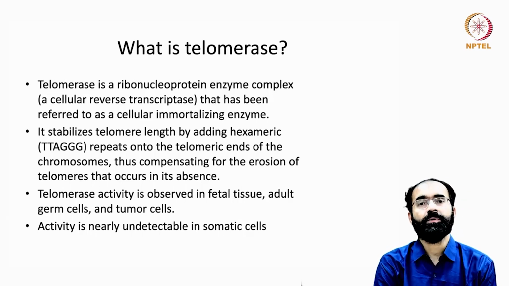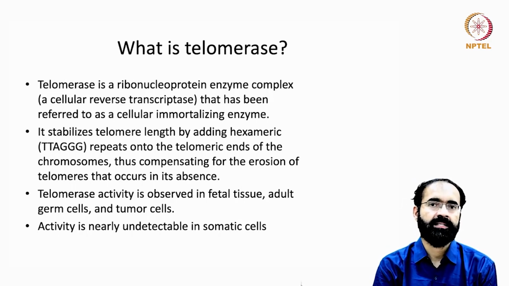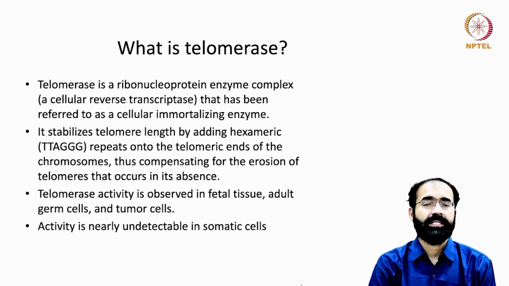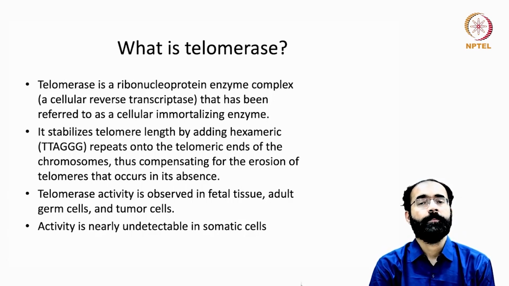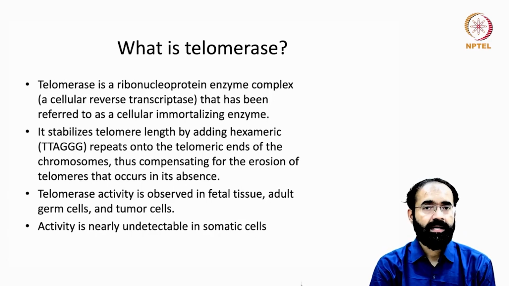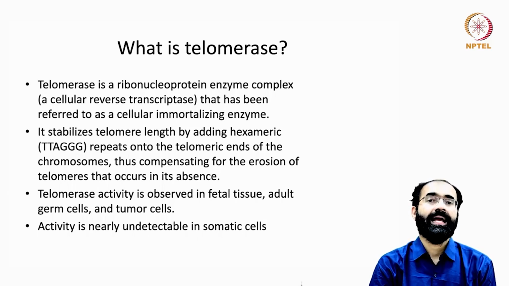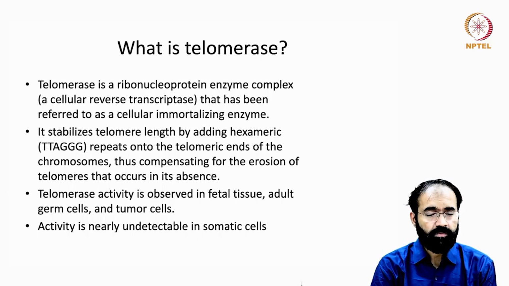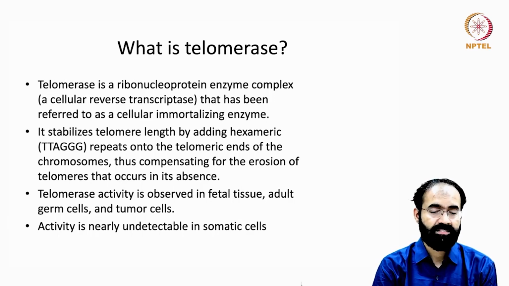The end replication problem happens in the lagging strand because the enzyme cannot stand in emptiness. It needs a DNA strand to hold on to. If it is holding on, it cannot make a copy of the DNA at the place where the enzyme is occupied. So telomerase activity is observed in fetal tissue and also in adult germ cells and also in tumor cells.